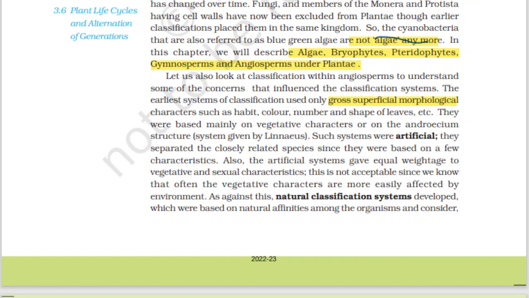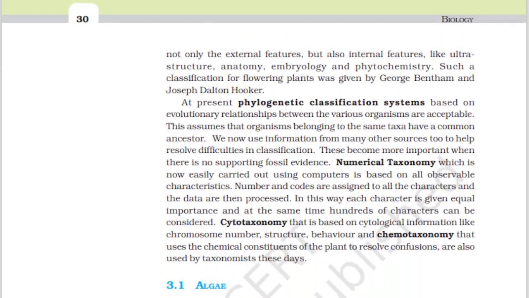As against this, natural classification systems developed, which were based on natural affinities among the organisms and consider not only the external features but also internal features like ultrastructures, anatomy, embryology, and phytochemistry.